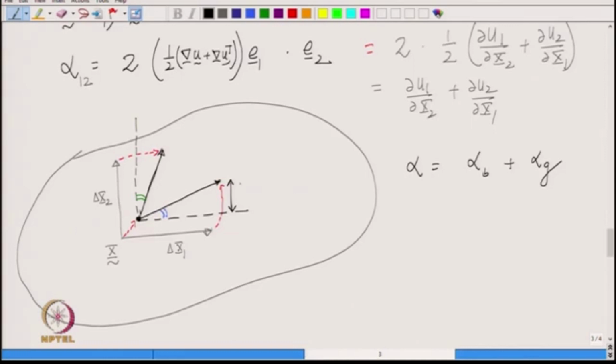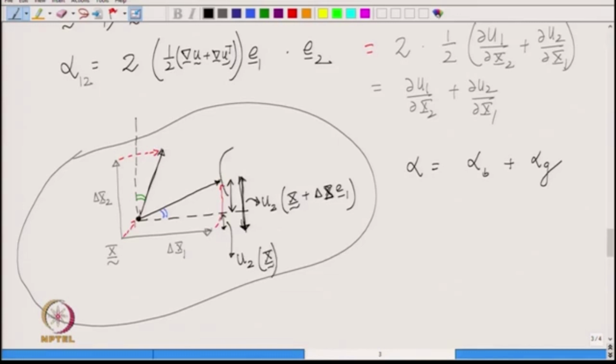This, for example, is u2 of big X plus delta x E1, you see this whole length, whereas this small length is u2 of simply big X, the vertex.